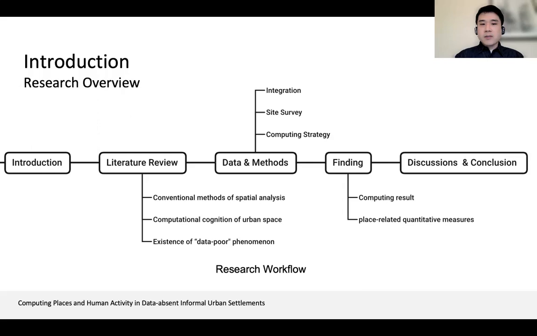In terms of data and methods, we conducted experiments involving data integration, site survey, and developing different computing strategies. We will also talk about the findings, discussion, and conclusion in the later slides here.